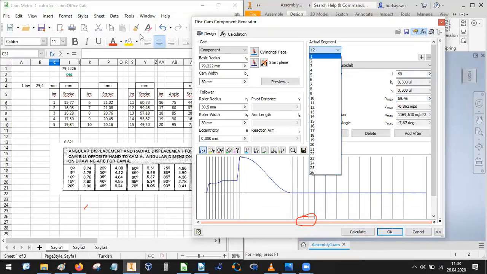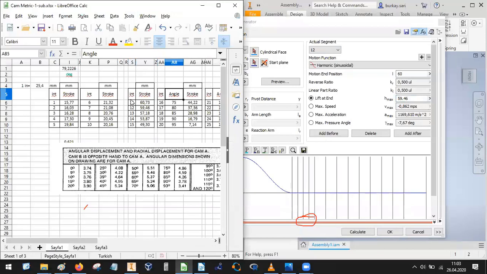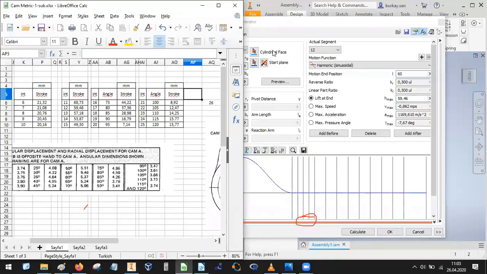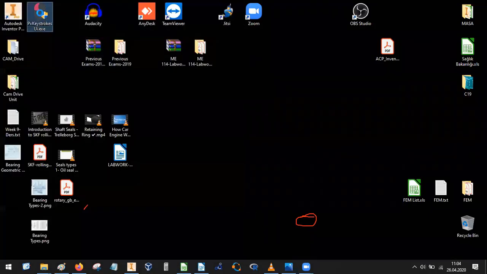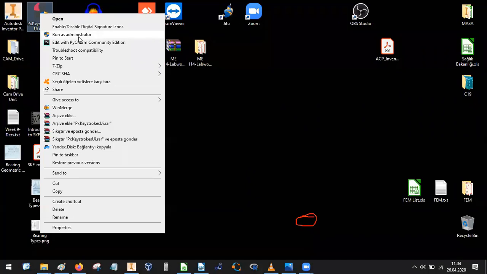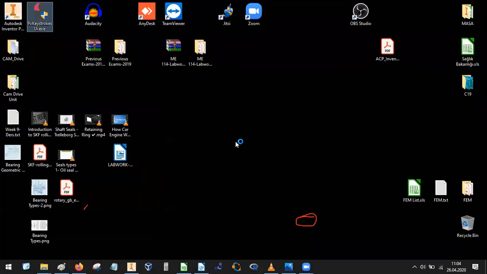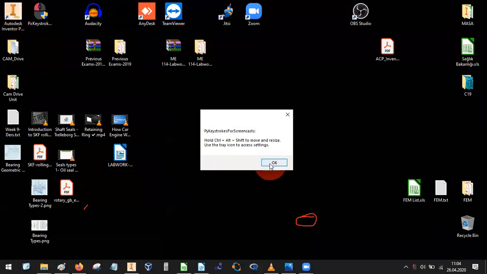You can just go on and on. Let me open the mouse indicator because I think I have lost that one. You can just continue.